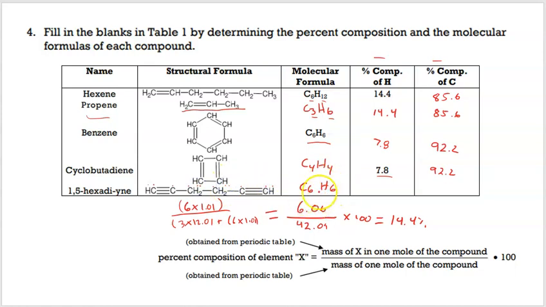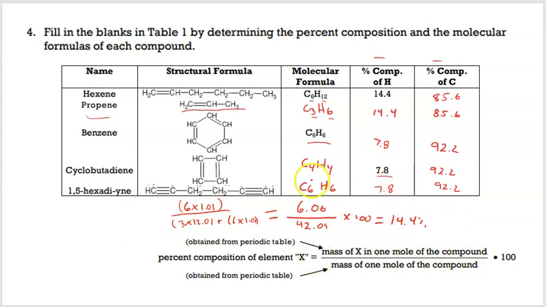So not only do we have a 1-to-1 ratio, I have the exact same molecular formula as benzene. That's interesting, right? Which means we can automatically just go 7.8 here and 92.2 there. So again, we need some inferences that if it's the same ratio of carbon to hydrogen, we're going to have the same percent composition. So what we just did, we just saved ourselves a bunch of time, right?